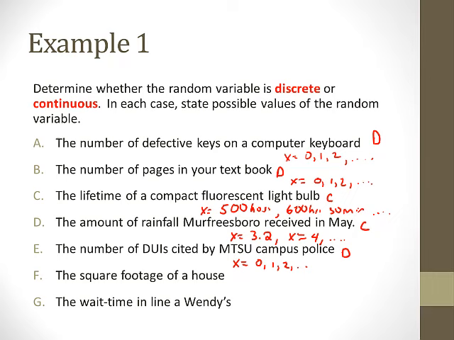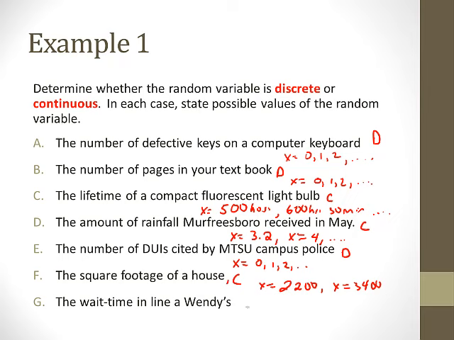The square footage of a house. We're measuring, right? So we're measuring the length. And just because our rounding or our measuring tools have to round does not make it discrete. So again, this is continuous. Some values here: X could be 2,200 square feet. X could be 3,400 square feet, and so on. The wait time in a line at Wendy's.